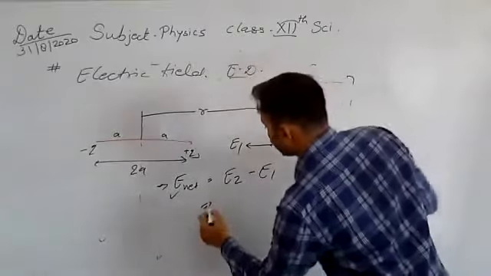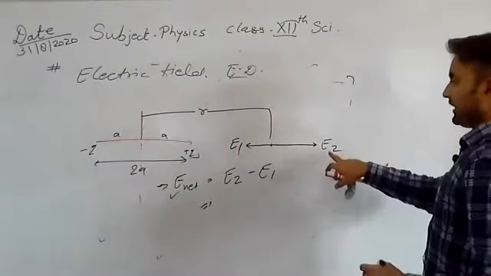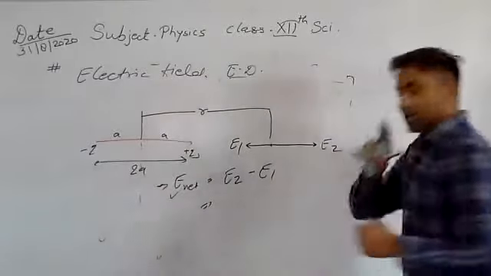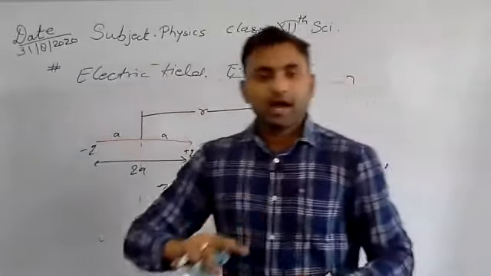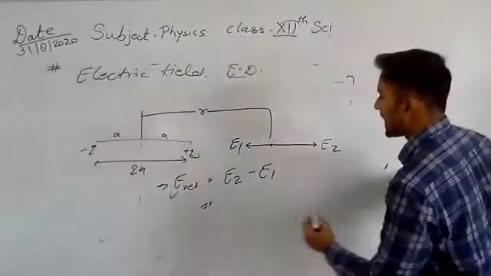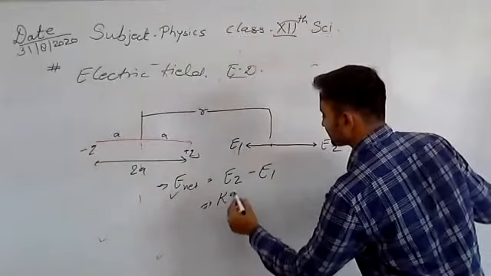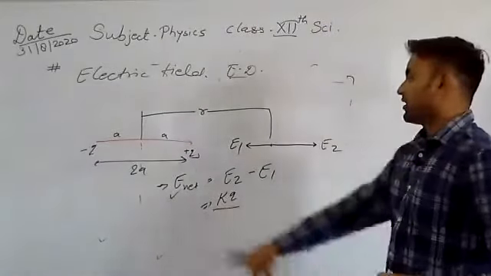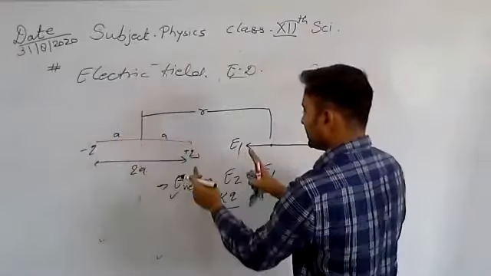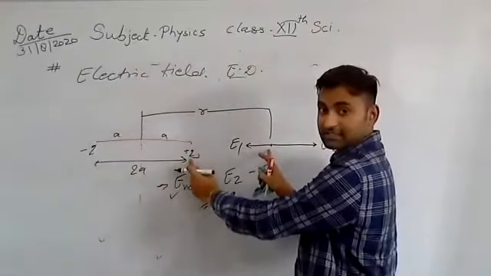Now how will we calculate E2? E2 is due to this charge, so kQ by R square. What is R here? R minus A will give me this distance.